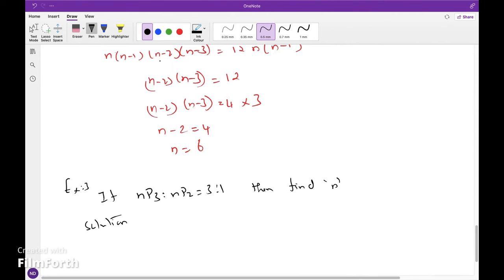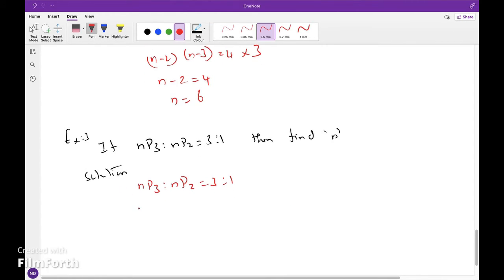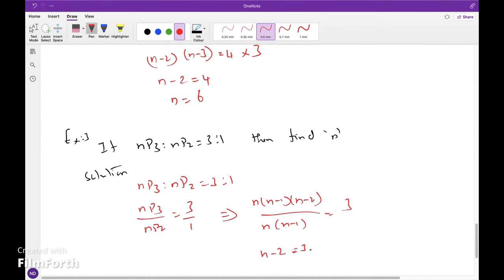Solution: nP3 is to nP2 equals 3 is to 1. Then we can write nP3 by nP2 equals 3 by 1, which implies n into n minus 1 into n minus 2 divided by n into n minus 1 equals 3. So n minus 2 equals 3, n is equal to 5.